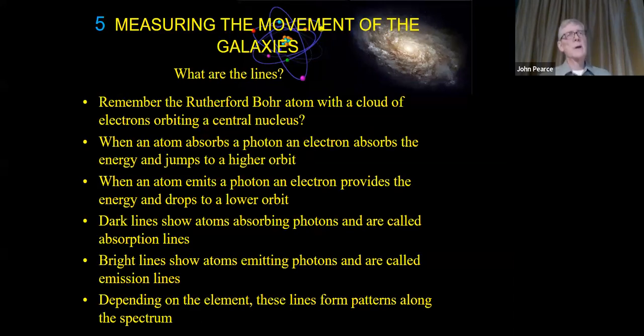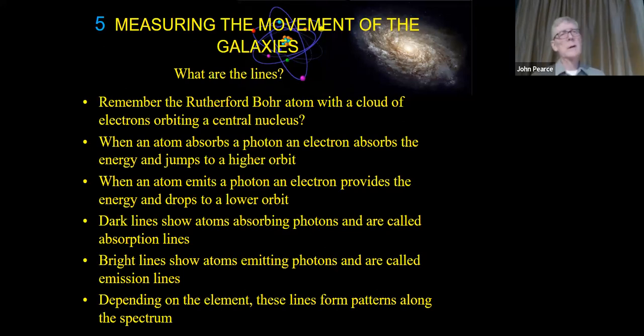To see what those lines are, we need to look at the Rutherford-Bohr atom. Now, I'm hoping you at least know that one of the early and useful models of the atom is a universe-type atom model where you've got the sun at the center, the nucleus in the case of the atom, and the planets going around it are replaced by electrons going around the nucleus.